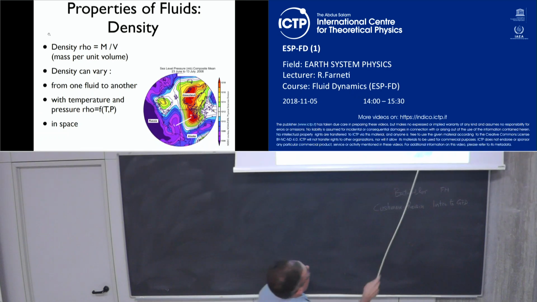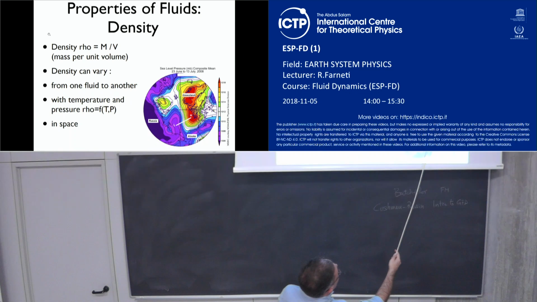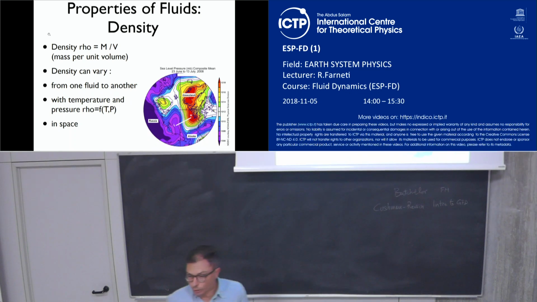You have a high here, with an H, and you have a low here below, and that will determine the circulation in the atmosphere, and the same thing applies to the ocean. You have different pressures, you will start developing pressure gradients, and pressure gradients will start to move your fluid, could be the atmosphere or the ocean. So density affects movements, and density is a function of pressure, for example.